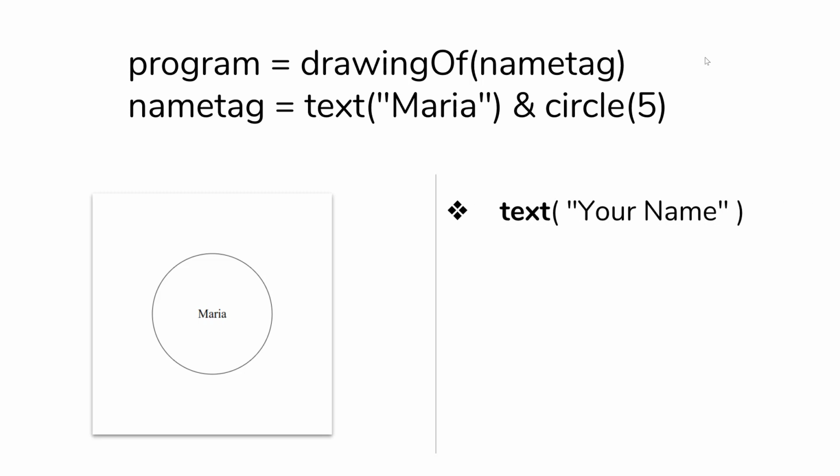The function text lets you take letters or words and draw them on the screen. The argument to the text function is just exactly the text you'd like to see inside of quotation marks. The function called circle draws a circle on the screen.